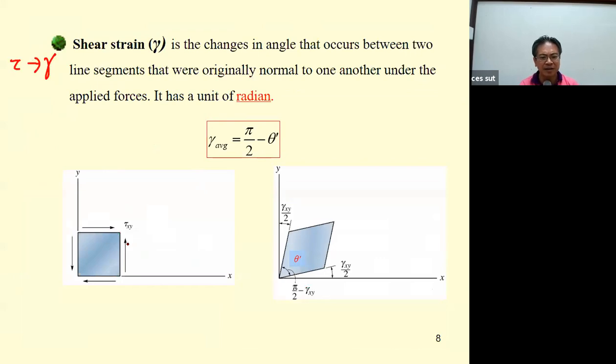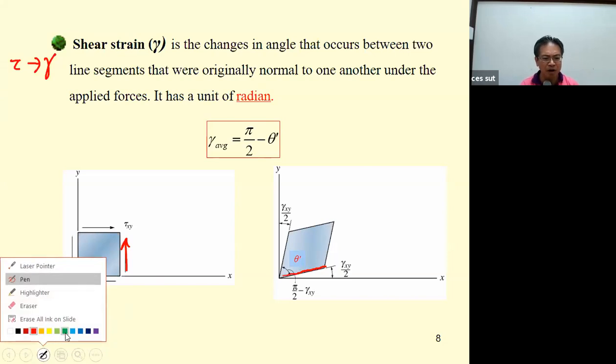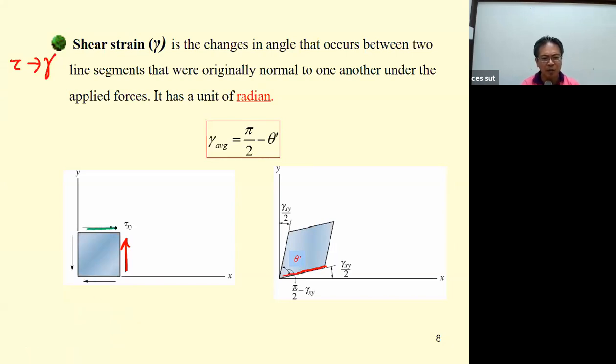Since the shear is trying to twist the specimen, this one is going to lift this portion into this, and we also have another portion that is going to move this one in this direction. Before the application of the force, the angle here is 90 degrees. However, the unit of shear strain is radian, so we define this one as pi over 2.